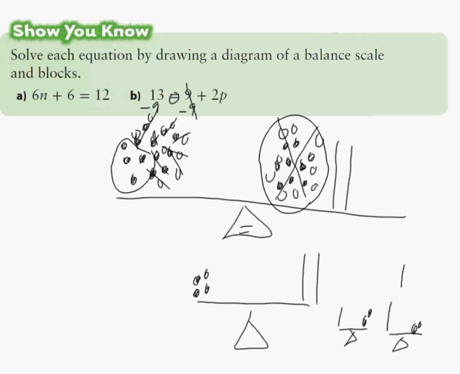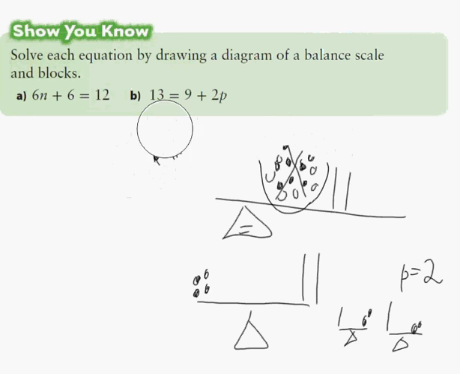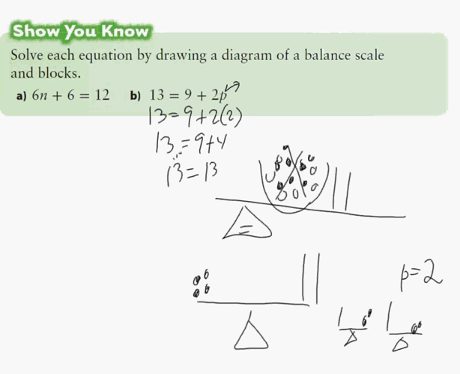Therefore, p equals positive 2. If I go back into my original equation, which is up here, and I substitute p for 2, then 13 equals 9 plus 4, 13 equals 13, that's true. So the value of p must be 2.